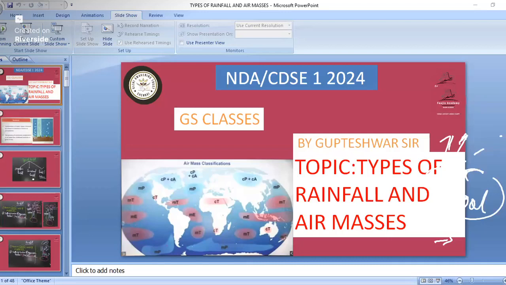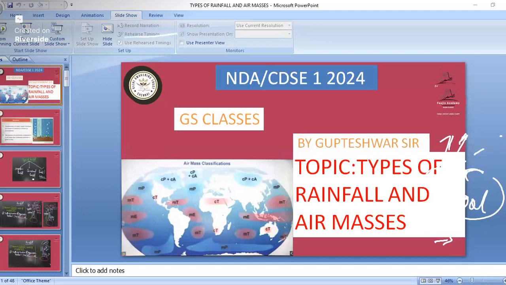Warm air mass means that it originates in the subtropical regions. When the temperature of the air mass is greater than the low lying surface, then that is the warm air mass. And cold air mass you can see in the Arctic region, all those polar areas, where the temperature will be low.